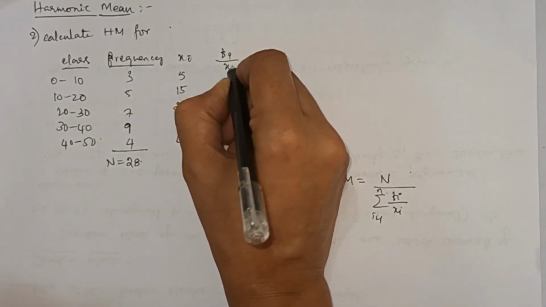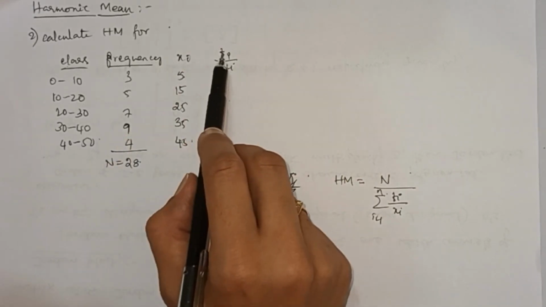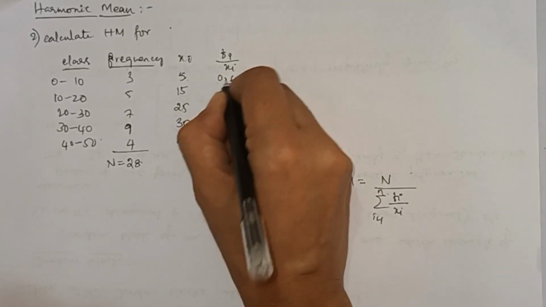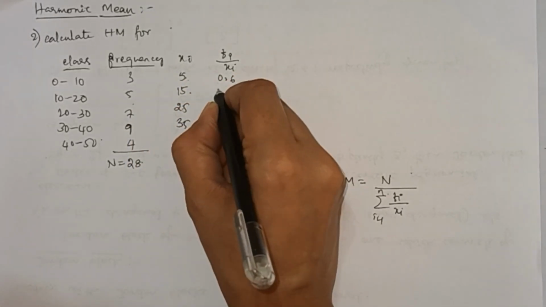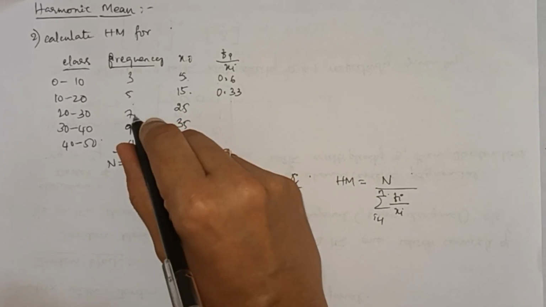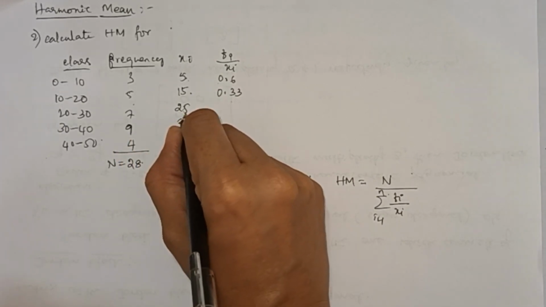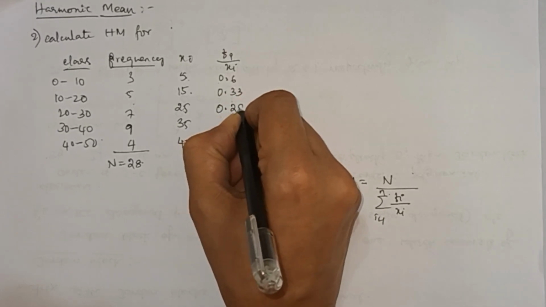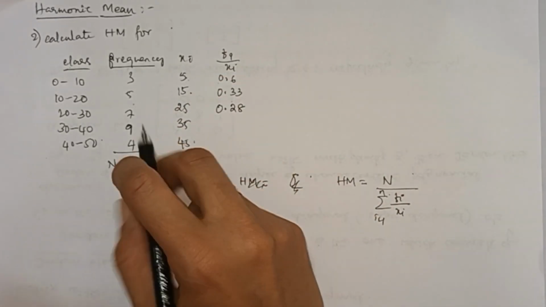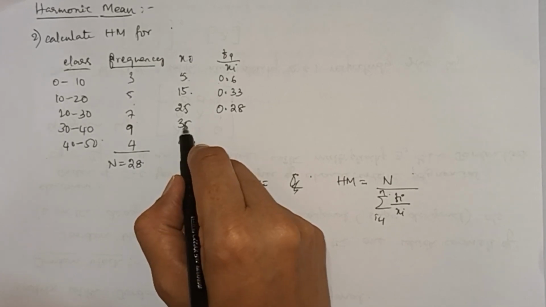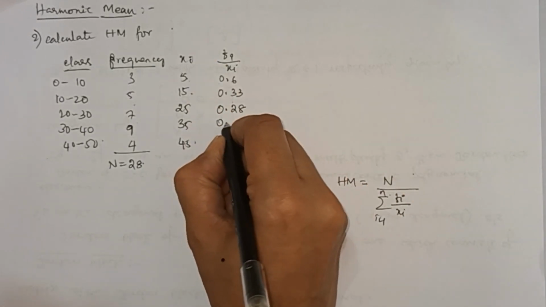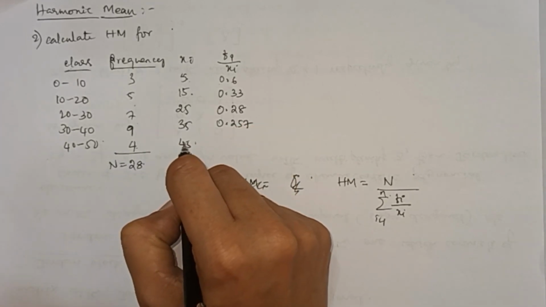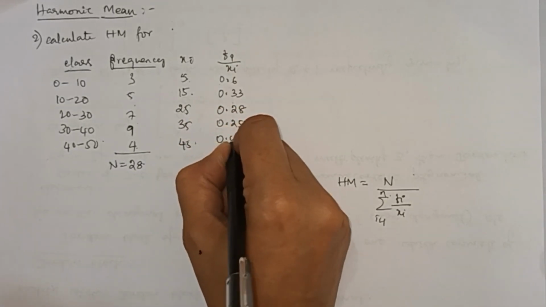So fi by xi: 3 by 5, this value I have to find out, 0.6; 5 by 15, 0.33; then 7 by 25, that gives you 0.28; then 9 by 35, that gives you 0.257; then 4 by 45, 0.088.